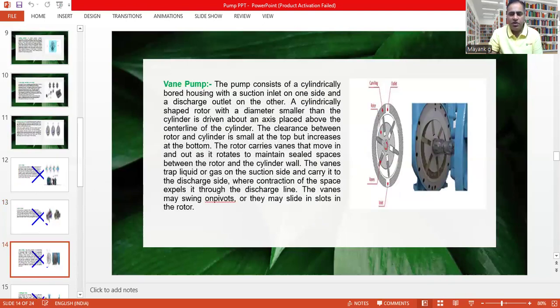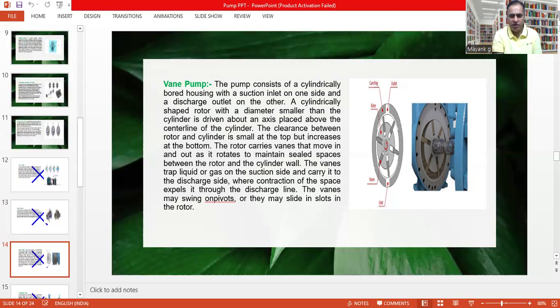Vane pumps are also a category of positive displacement pumps. The pump consists of a cylindrically bored housing with a suction inlet on one side and a discharge outlet on the other side. A cylindrical rotor with a diameter smaller than the cylinder is driven about an axis placed above the center line of the cylinder.